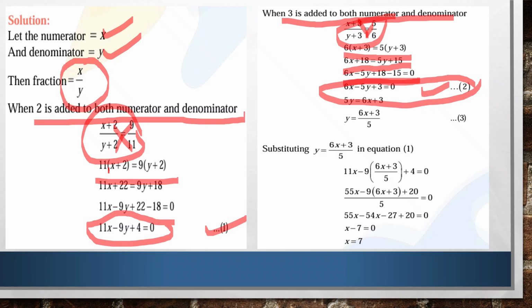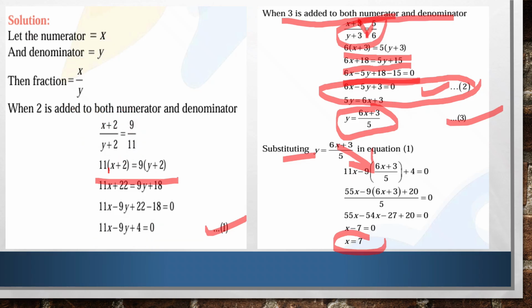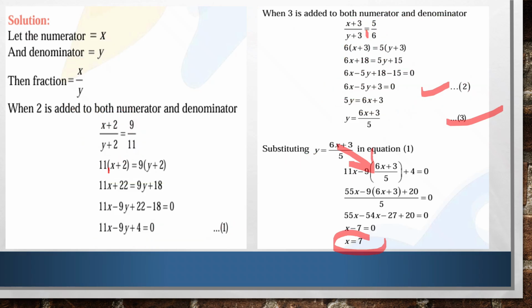If you interchange, you will get equation 3, that is y is equal to (6x plus 3) divided by 5. Now if you substitute this value in equation 1, you will get x is equal to 7. So this is regarding question number 5 of the third main problem of exercise 3.2.